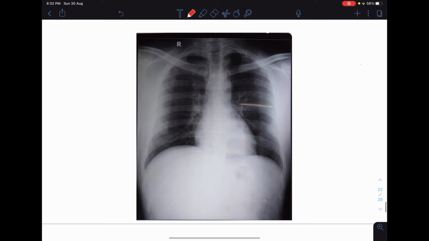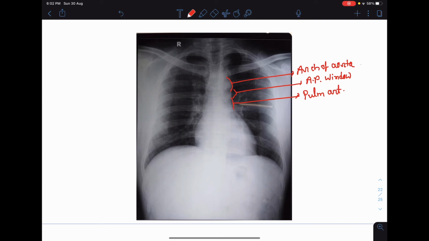So this bulging area is formed by the arch of aorta. This area is formed by the pulmonary artery. In between the arch of aorta and pulmonary artery lies the aortopulmonary window.